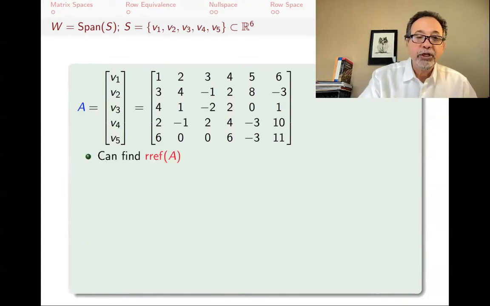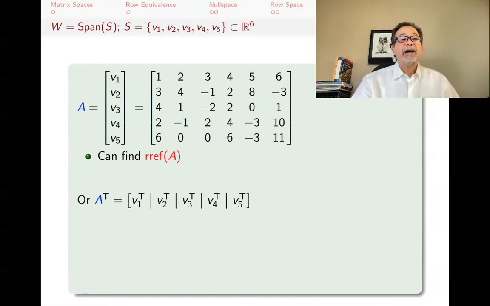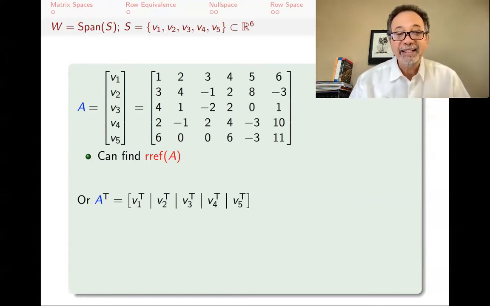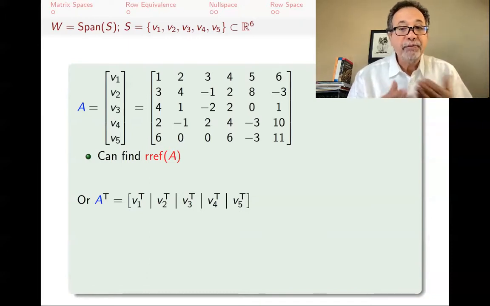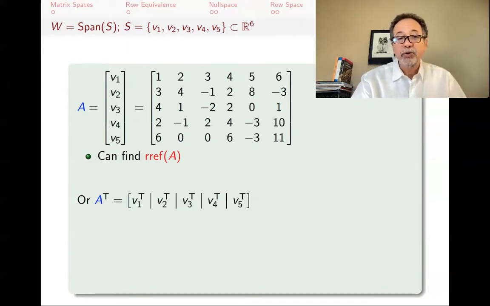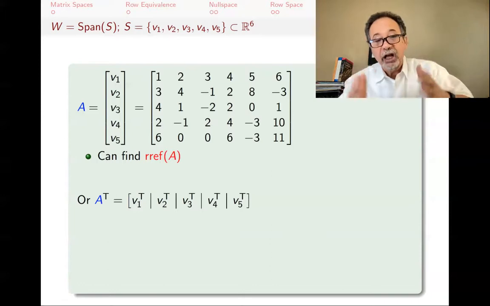And at that point, I could find the reduced row echelon form of A. Why would that be useful? Because W, the span of S, is actually the row space of A. And if I find the reduced row echelon form of A, that will help me find information about the row space of A. Or vice versa, I could look at A transpose, which means I put all those vectors as column vectors.